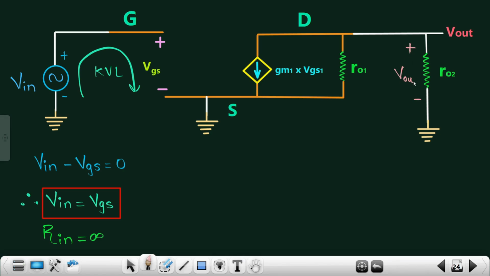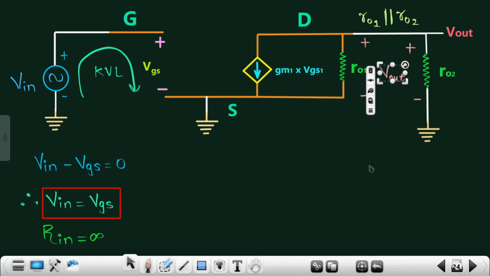So the same amount of voltage will reflect across RO1 as well. V out will be common for RO1 and RO2 because they are in parallel.